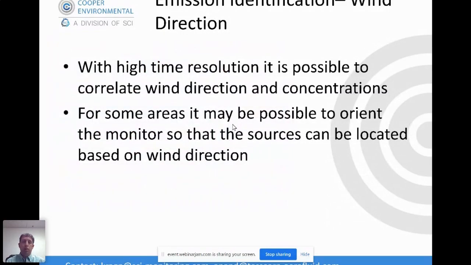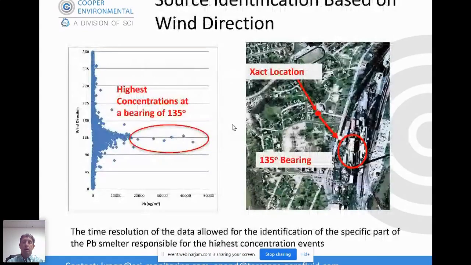It's also possible with the high time resolution to correlate wind direction with high concentration events. And if you have multiple monitors to use, you may be able to orient the sources so that they can be located based on wind direction. And this slide shows an example of this approach as well.